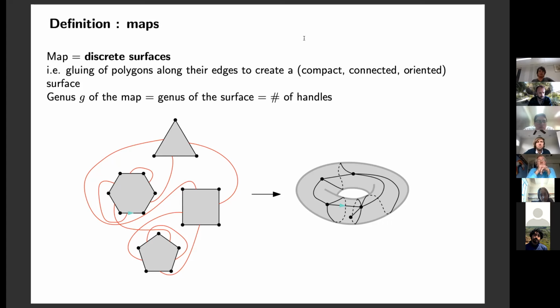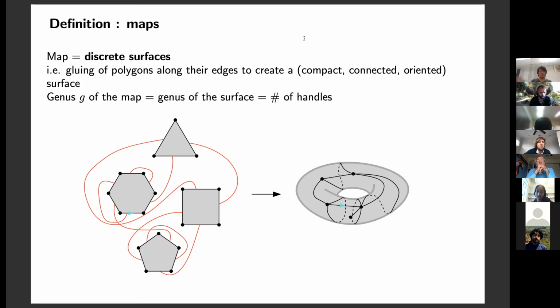And more formally, a map is the data of gluing some polygons along their edges to create a compact, connected surface. And in this talk, it's going to be both compact, connected, and oriented. And I am a combinatorist, so I do everything up to homeomorphism, more precisely orientation preserving homeomorphism.